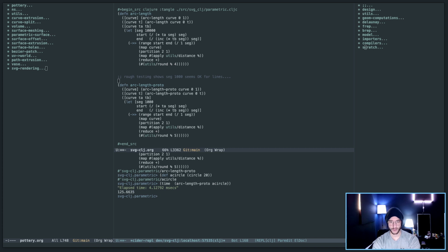Okay, so the exact arc length of a circle is going to be the perimeter, which is pi times d. So if we do math pi times 40, okay, we lose accuracy on the 4th decimal place there. Is that acceptable?